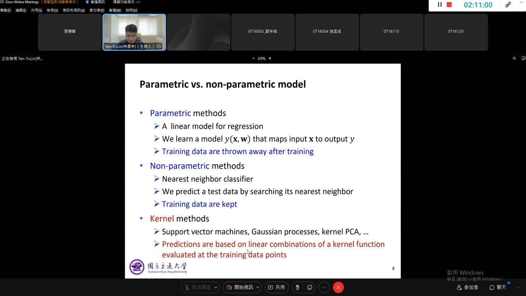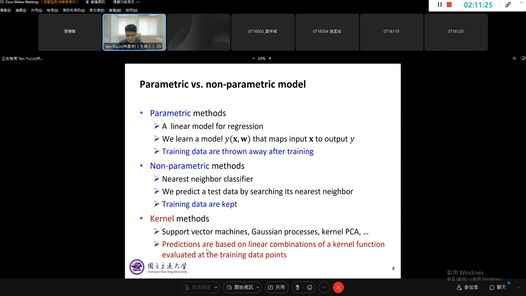This is also the reason why kernel methods are non-parametric methods, because training data are kept even after training. If we evaluate the kernel function at several training data points, we will get multiple outputs, one output from each particular training data point.